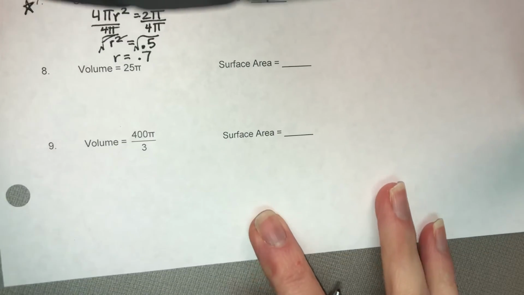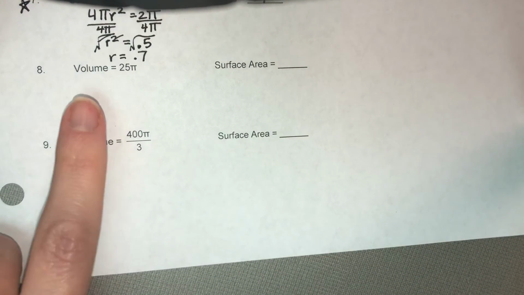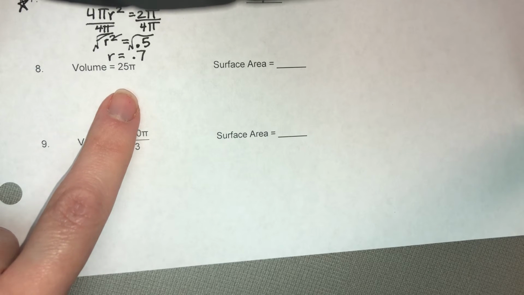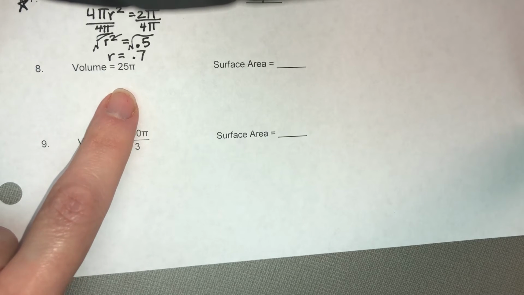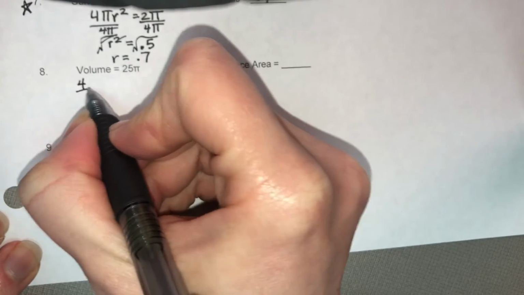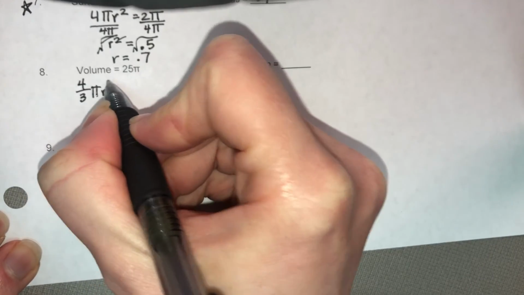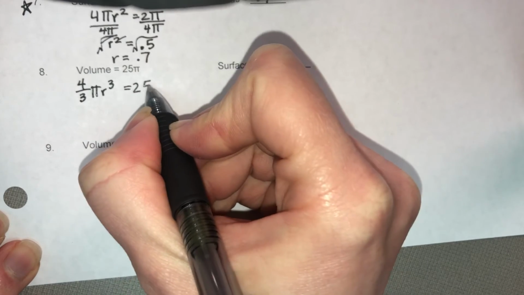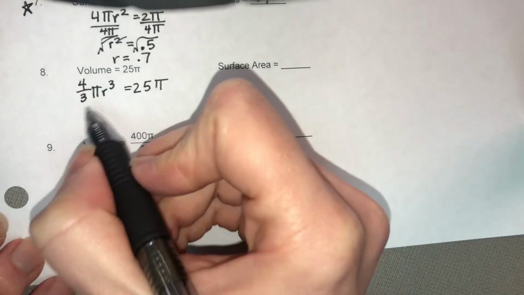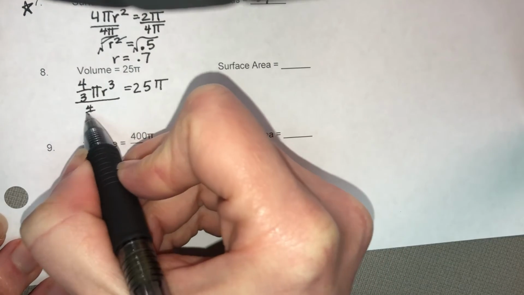Now, number 8. The volume formula is equal to 25 pi. So I'm going to replace the word volume with the formula 4/3 pi r cubed and get the r by itself. Okay, so the first thing I'm going to do is divide both sides by 4/3 pi.